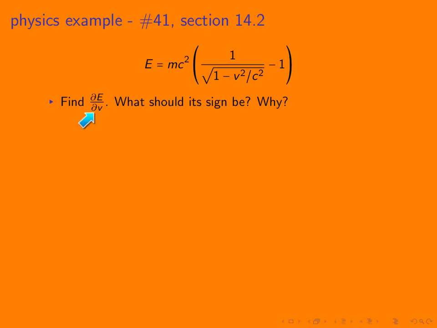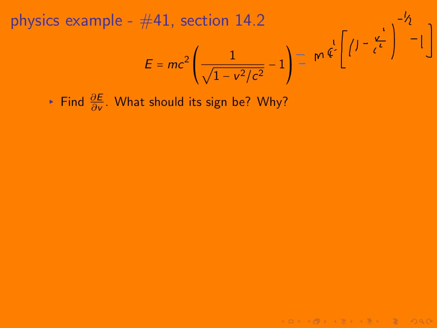Next, when we want to take the partial with respect to v, that's going to be quite a bit messier because this v is buried way inside here. So the first thing I'm going to do is rewrite this a slightly different way, which might make life a little bit easier. Let's write this as mc squared times 1 minus v squared over c squared to the minus 1/2, minus 1. That's just going to help me not make too many mistakes.